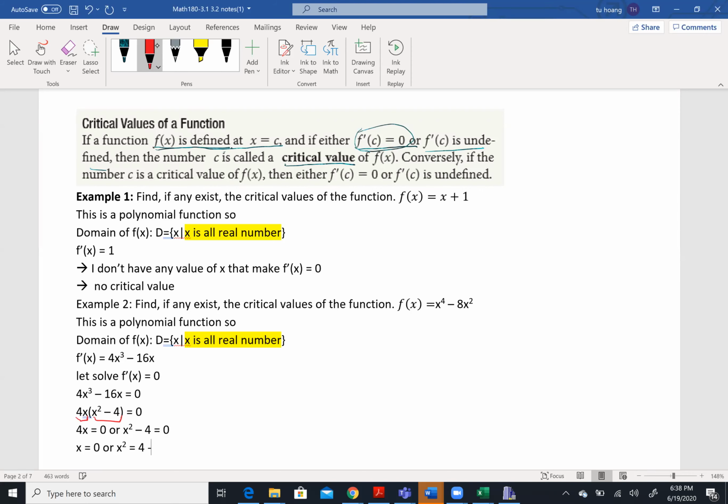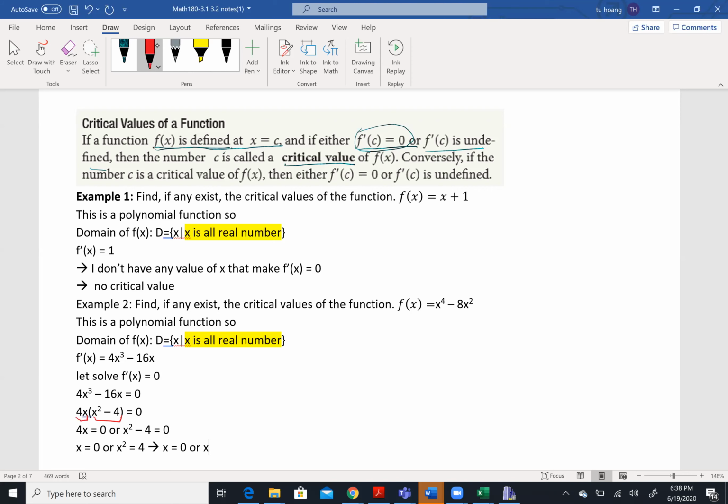In this case, you can have the answer x equal to 0, or you take the square root of both sides, right?